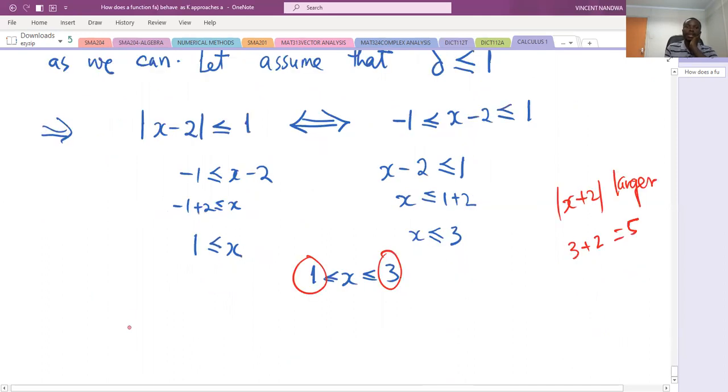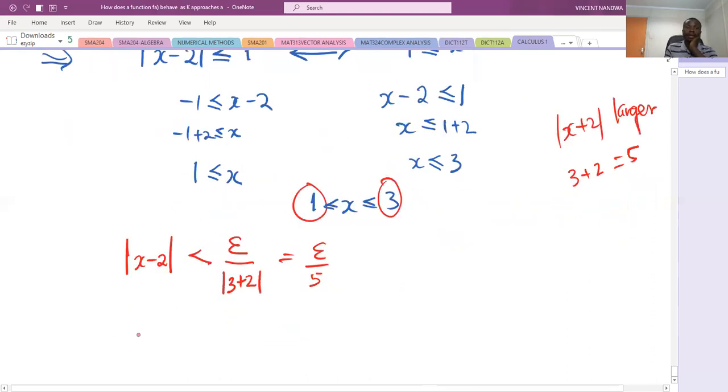So absolute value of x minus 2 is less than epsilon over absolute value of 3 plus 2, which is the same as over 5, i.e. absolute value of x minus 2 is less than epsilon over 5.